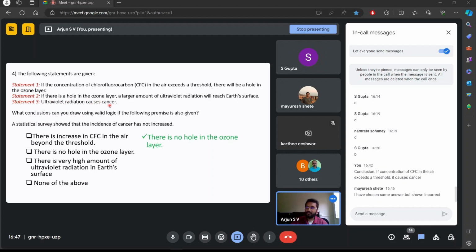A causing B, and in the premise we have not B, so not A would be the correct answer. So there is no hole in the ozone layer would be the correct answer. This is modus tollens. I hope it's clear to Mayuresh and Gupta. B is the correct option because of direct modus tollens.